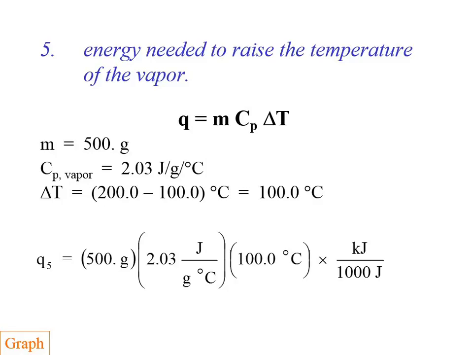And the delta T from 100 to 200 is a 100-degree jump. I think the 200 must have been given as 200.0 degrees Celsius, so 4 sig figs there. Convert it to kilojoules, 1 kilojoule over 1,000 joules. Rounded to 3 significant figures, I get 102 kilojoules.